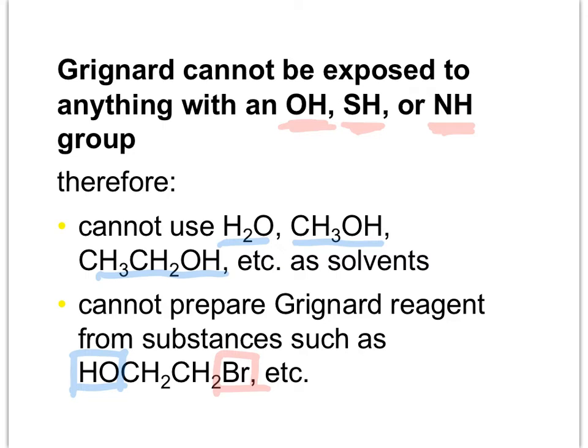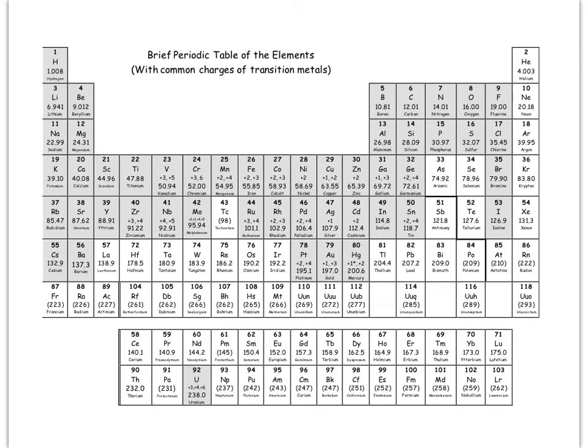We're really serious about keeping protic groups away from Grignard reagents, right? Remember, Grignard reagents are negative carbon species, and we know that acidity gets stronger as we go this way.